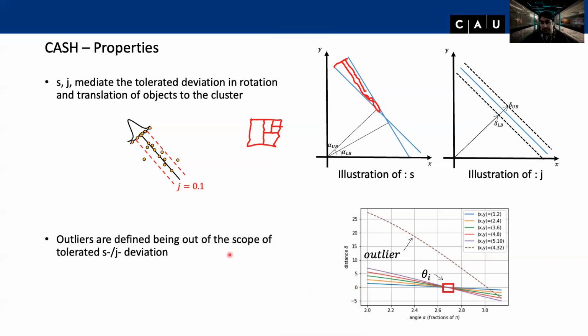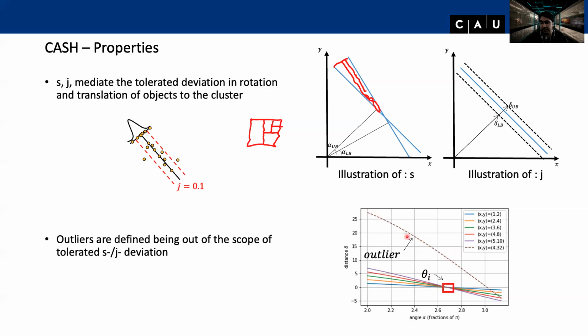What about outliers? We know that it can, as we've seen previously in the experiments, recognize outliers, but how are they defined? Well, suppose here we've got 1, 2, 3, 4, 5 object functions. They have a nice intersection.